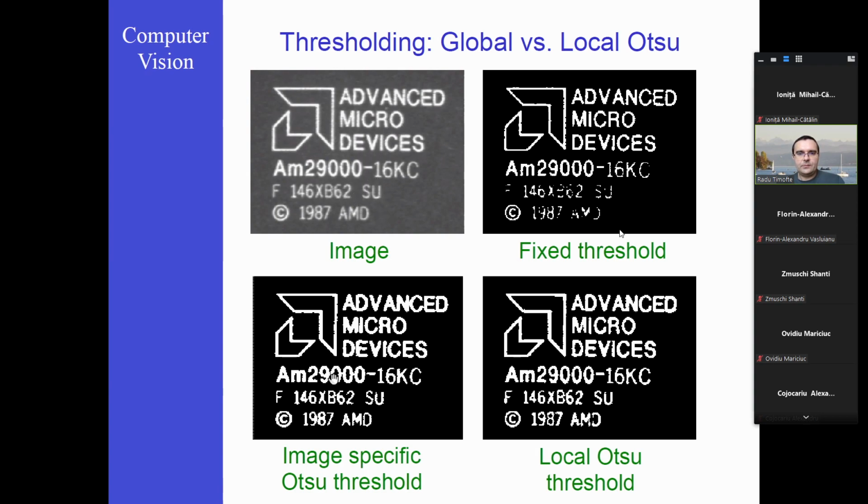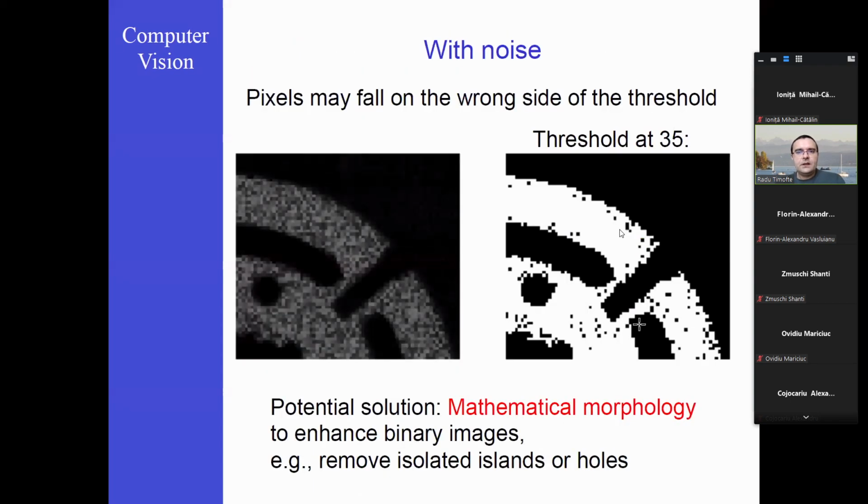Here the text seems to be a little bit thicker in many parts, while here we are getting something that is adaptive locally. So we are still seeing here, between N and C, some black line and some other small details that are somehow better preserved here.